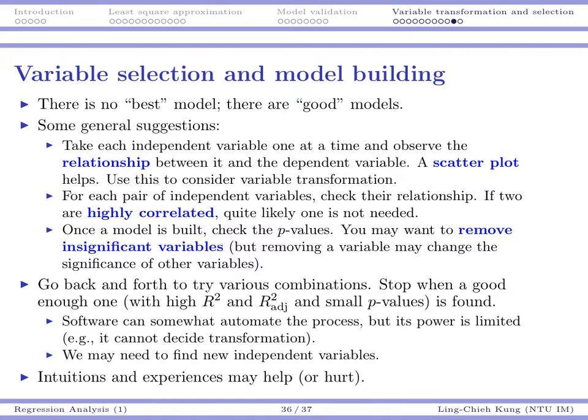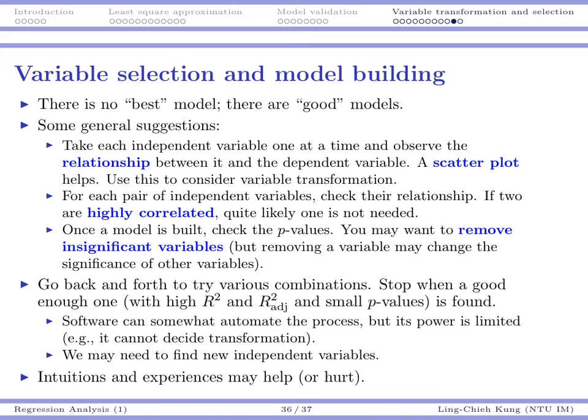First, for each independent variable, you would take each of them one at a time and observe the relationship between it and the dependent variable. A scatter plot typically helps, and you use that to consider, first, whether you want to include that variable, and second, whether you want to do variable transformation. One possibility is that in the scatter plot, you see there is really no correlation between the two variables.